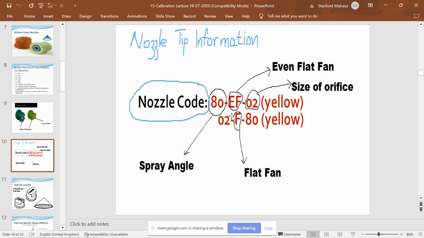So nozzle tip information. You can have this nozzle code written like this: 80 EF02 yellow. This means even flat fan if there's EF. 02F80 yellow may mean flat fan.